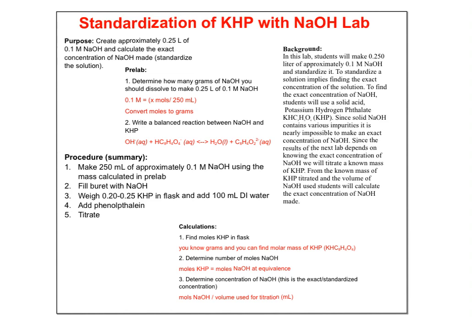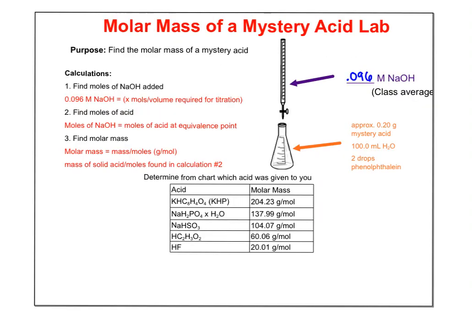So you can read through the steps, but the main idea over and over is moles of acid equals moles of base at the color change, at the equivalence point. And once you know moles of the unknown, you can pretty much do anything. All right, so as a class, we had an average of the NaOH. This might have been from a couple years ago, but we'll roll with it. So we had the known concentration, the exact concentration of NaOH, and then we used a mystery acid.